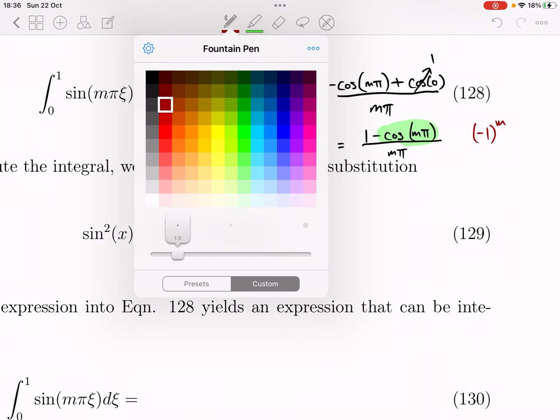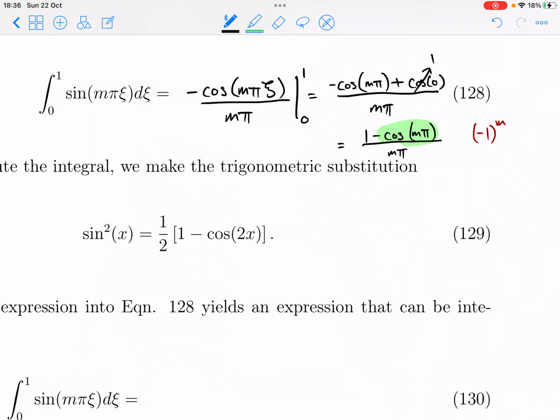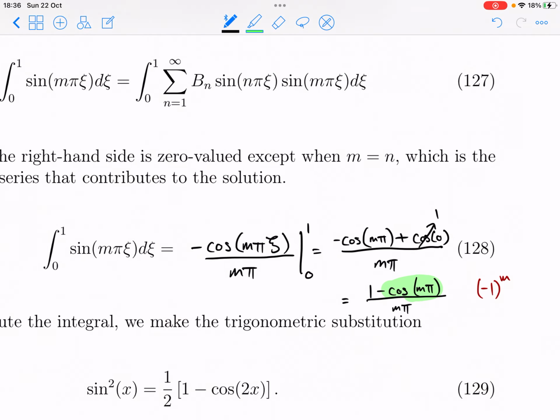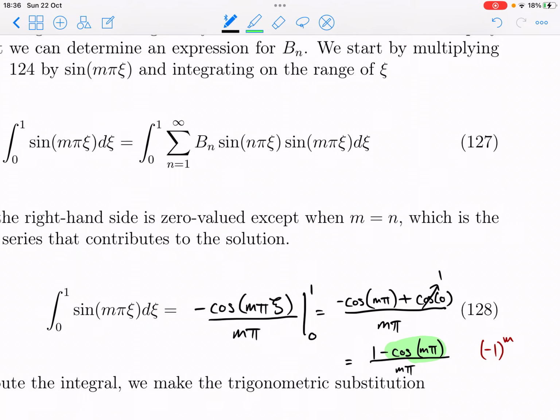Now we tackle the more challenging looking side of the equation, which turns out to be actually pretty easy. This is our right-hand side. We have something confusing with the summation, and we have that constant of integration. But essentially, we've got these two sine terms. One is indexed to n, and one is indexed to m. And the only point in the mathematical plane where this is going to have a non-zero value is when n equals m.